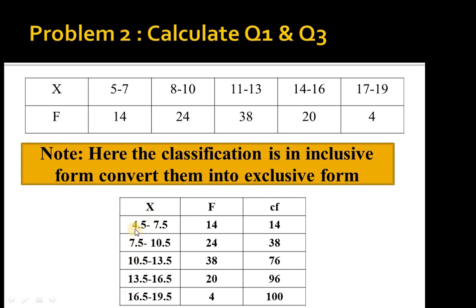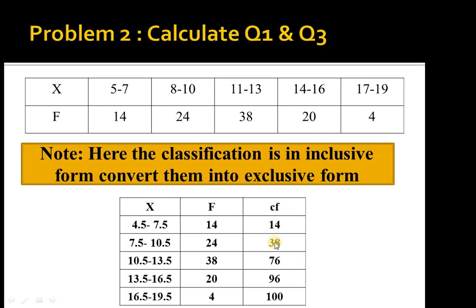Almost always, the difference between the upper limit of the previous class and the lower limit of the current class is 1; if you divide by 2, it is 0.5. So we reduce 0.5 from all the lower limits. 5 becomes 4.5, 8 minus 0.5 is 7.5. There is no change in the frequency.